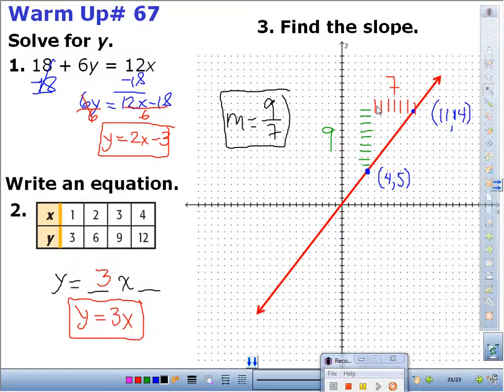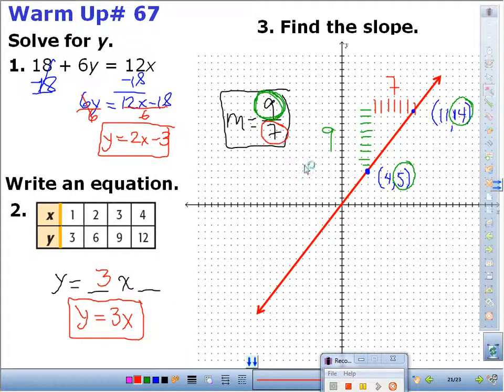So pay attention. Now, in order to get this number of my slope for my y, I look at my y values here for this coordinate and this coordinate. Look at them. You're looking at the screen, not me. Look at these two numbers, and that gave me 9.